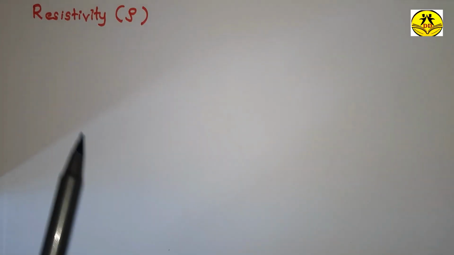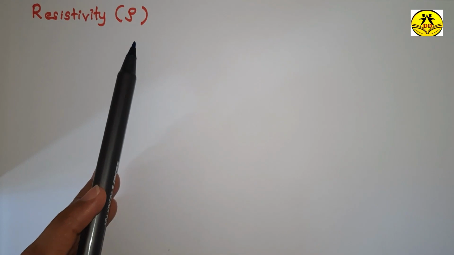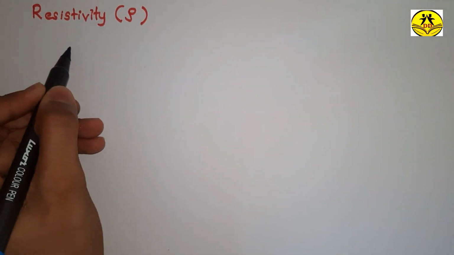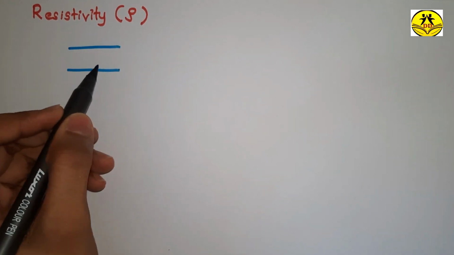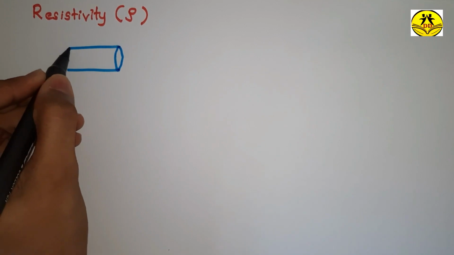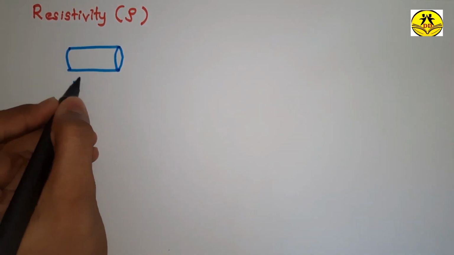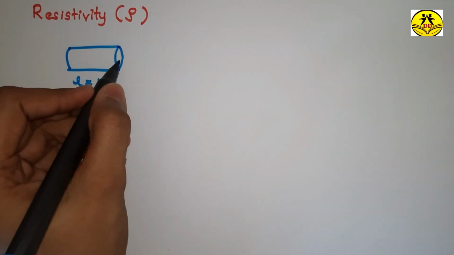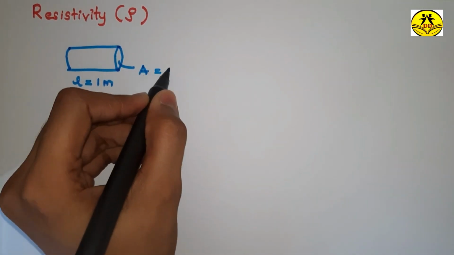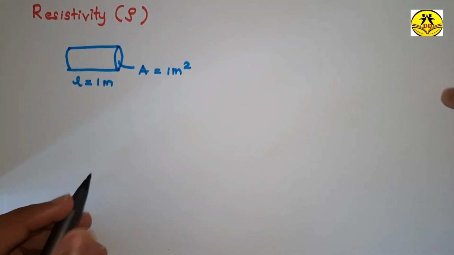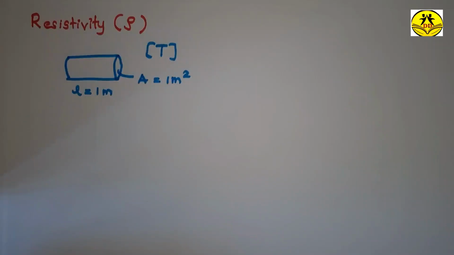Now let's talk about the definition of resistivity. Resistivity can be defined as the resistance of a conductor which has a length of 1 meter and a cross-sectional area of 1 square meter at a given temperature.